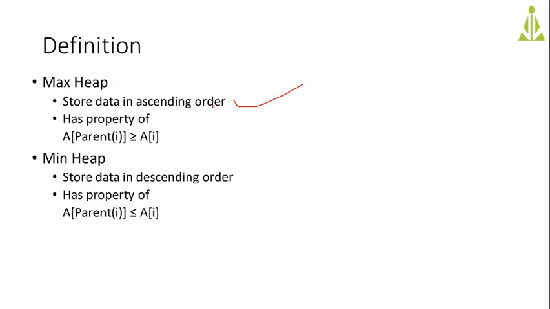It has the property that A of parent of i, whatever the parent i, the root node, should be greater than or equal to A of i, whatever the value we are going to give.